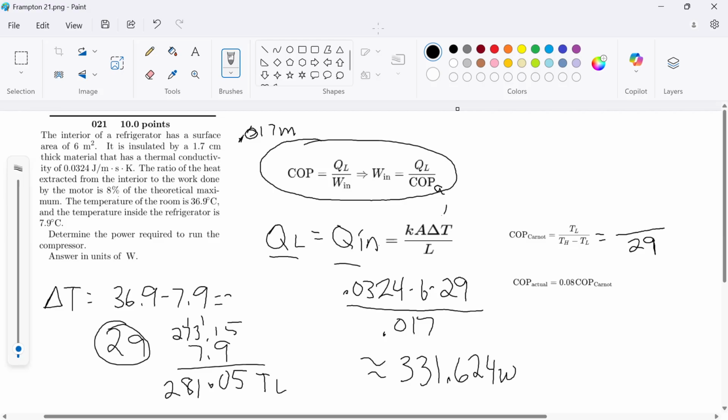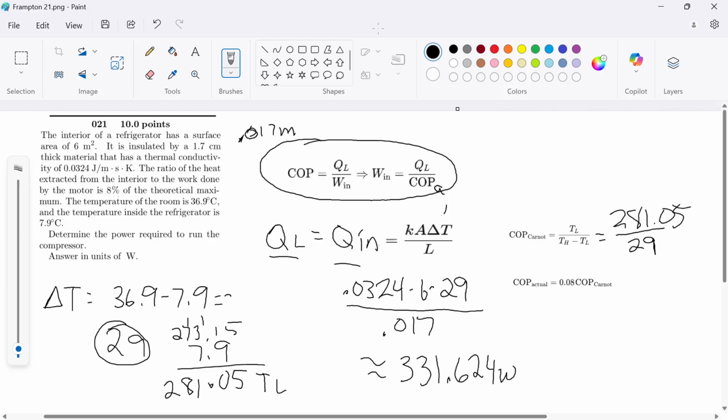Now, I have to find the coefficient of performance for the ideal situation. For the ideal situation, it's going to be the low temperature in Kelvin, 281.05, divided by the temperature difference, the high temperature minus the low temperature, the temperature outside the refrigerator minus the temperature inside.